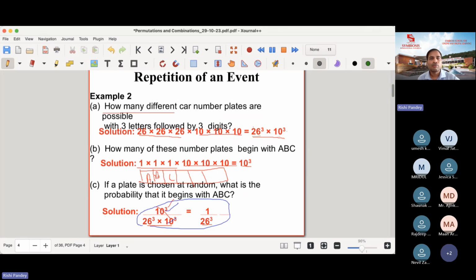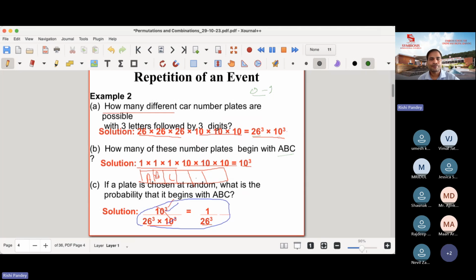This is the number of possibilities for the plates. There are 26 letters, and then 3 digits. You can take any digit from the 10 numbers, 0 to 9, so we have 10 digits. And any alphabet you can take, like ABC.